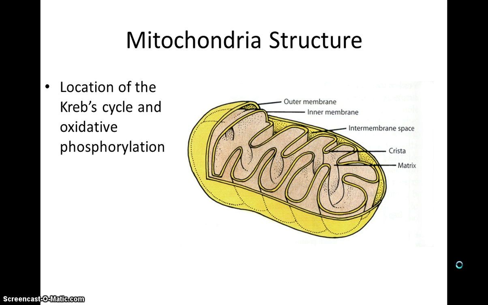Okay, so I've already told you that cellular respiration occurs in the mitochondria, but it's not the whole mitochondria where the process is going to occur. So we do need to have some idea of the structure here. A lot of times we draw the mitochondria with little zigzags inside because there are all these folds inside called cristae.